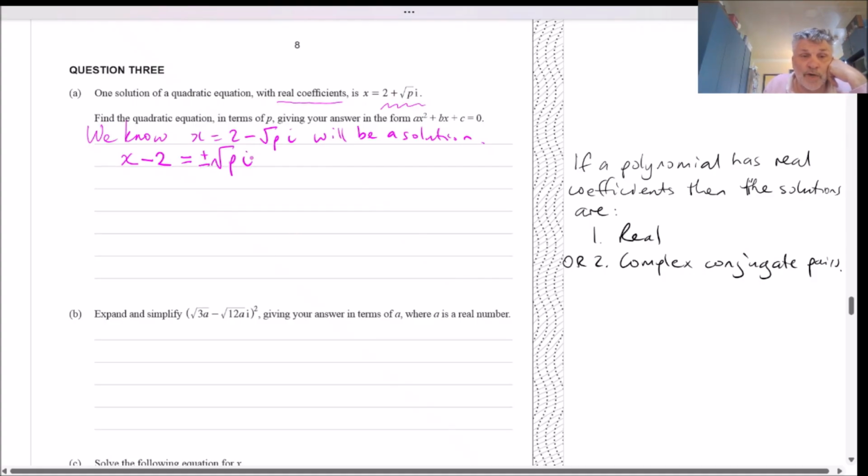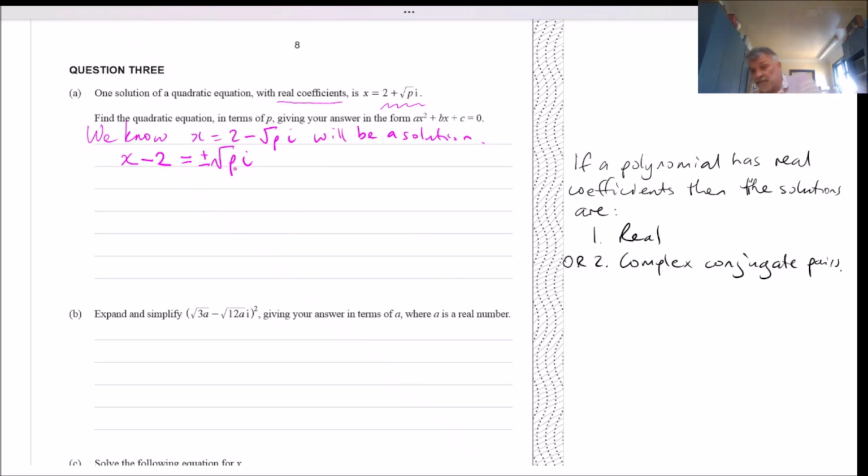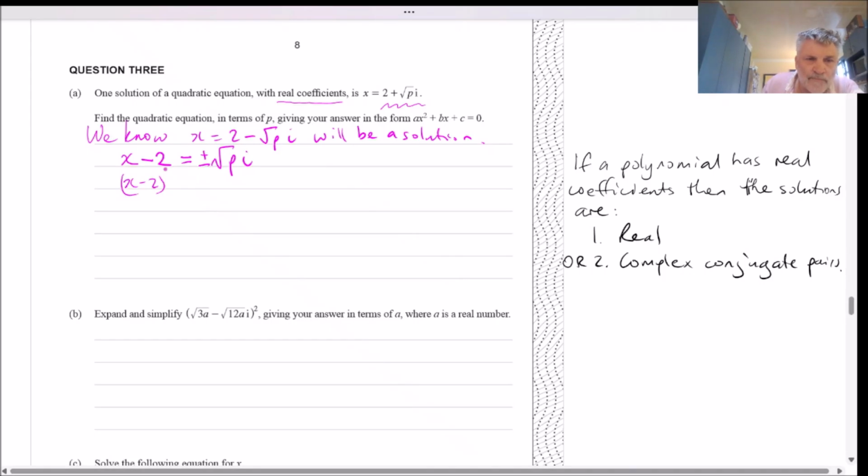Then if we square the equation, we get x minus 2 squared is equal to, squaring plus or minus will always give us a plus, squaring a square root will give us what's under the square root, and squaring i will give us i squared. So x squared minus 4x plus 4, expanding that out, is equal to minus p. So x squared minus 4x plus 4 plus p is equal to 0, which is in the form that is required.